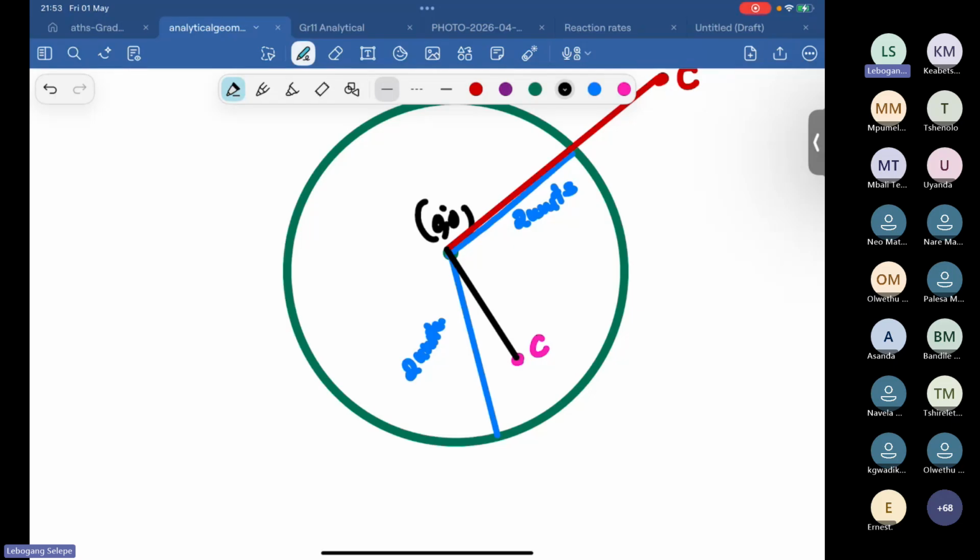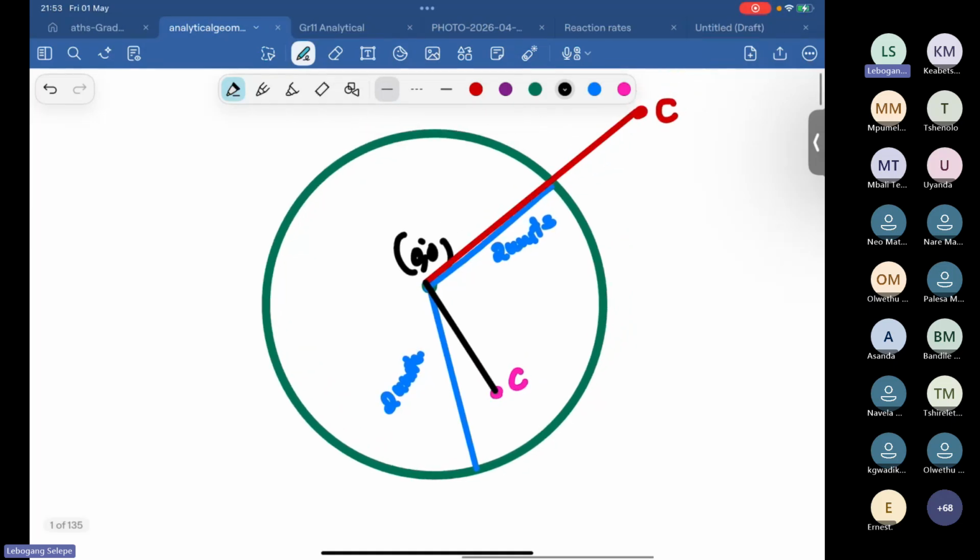So from this observation, we know that since they've told us the radius is 2 units, if I calculate the distance between the origin and C and I find that that distance is bigger than the radius, is C inside or outside?